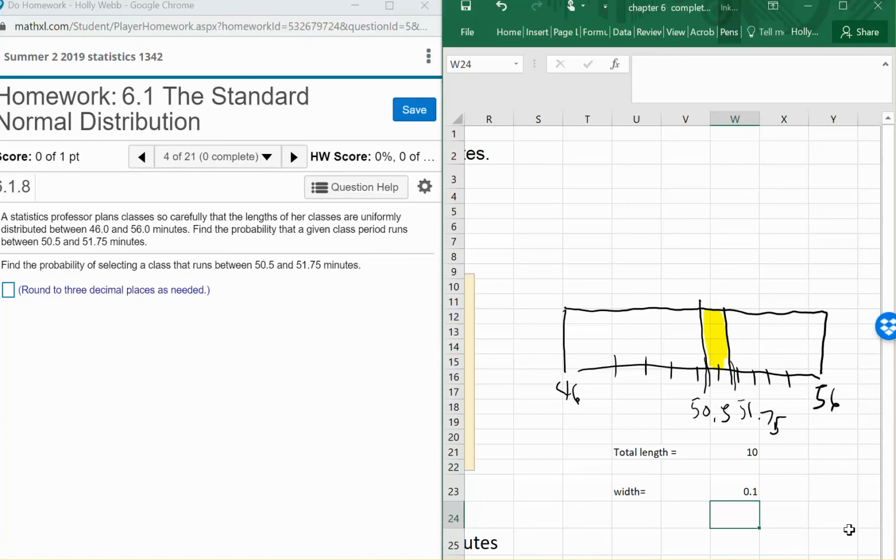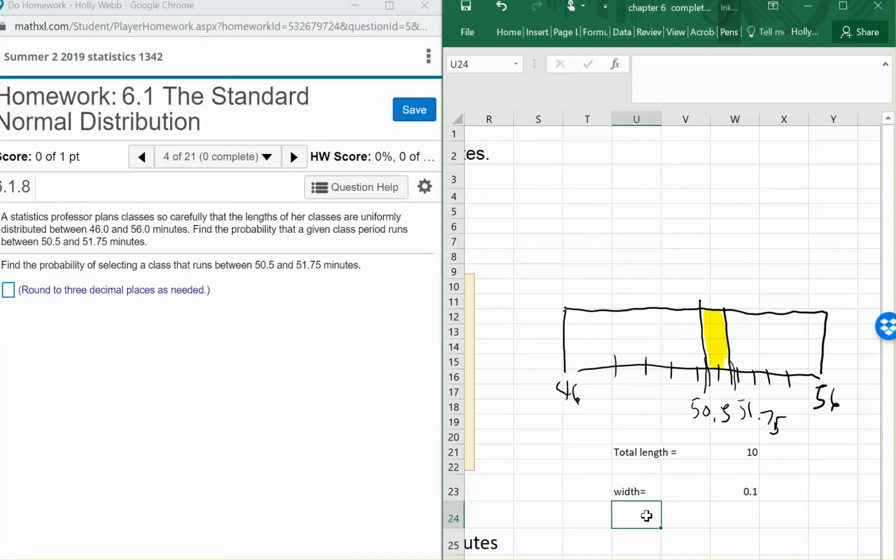What is the probability that the selected class runs between 50.5 and 51.75 minutes? Well, remember, probability and area and relative frequency are all the same thing here. So we can find the area of a rectangle with a width of 1/10 and the length that goes between 50.5 and 51.75.